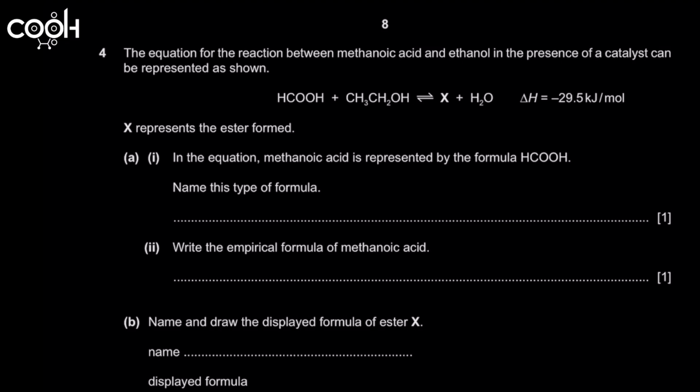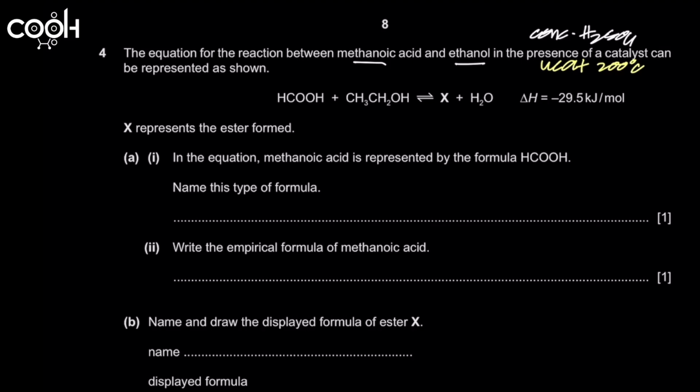Okay. Next question says the equation for the reaction between methanoic acid and ethanol is shown. So if there's a reaction between the two, we know that this is our alcohol and that's our carboxylic acid. And alcohol and carboxylic acid are going to undergo a reaction called esterification. They're going to form an ester if you provide it with concentrated sulfuric acid and you heat it, right? So these are the conditions.